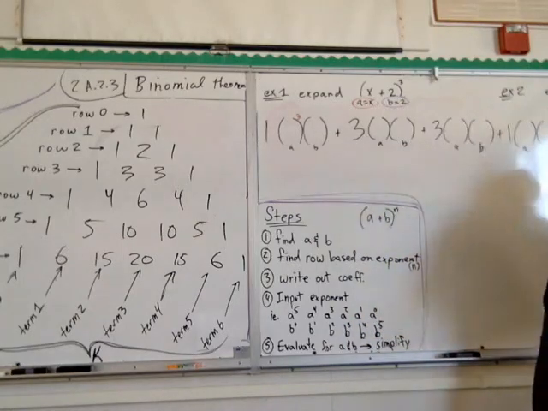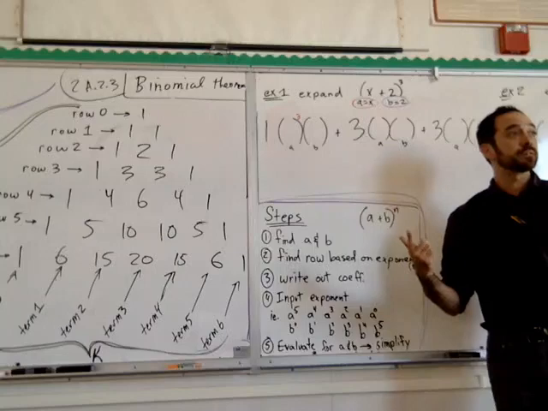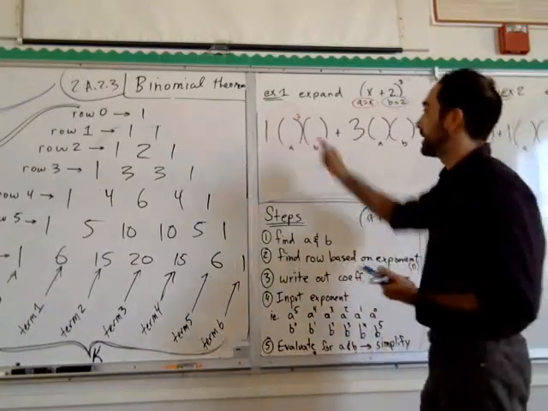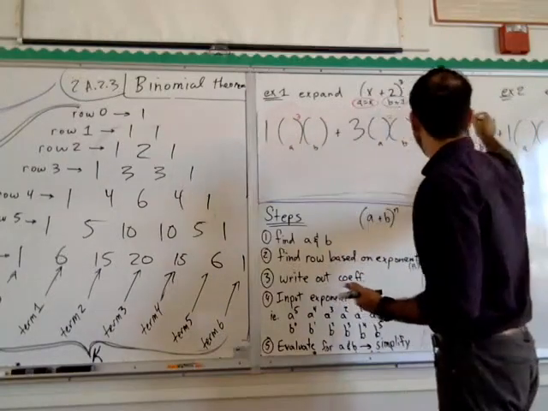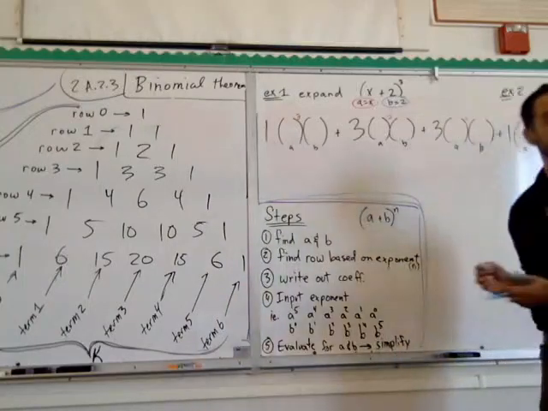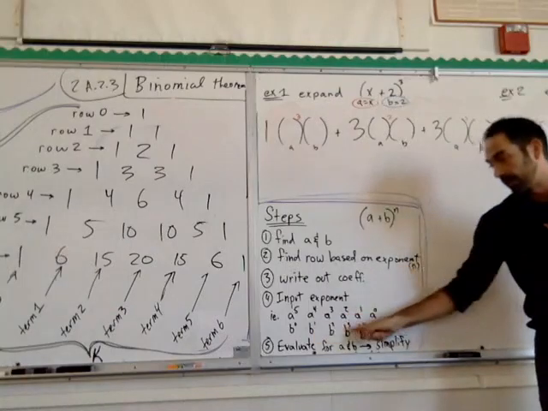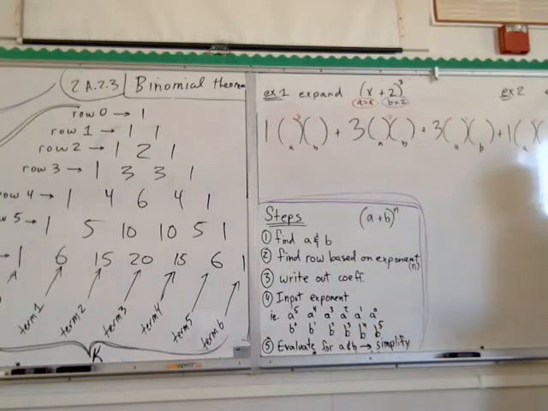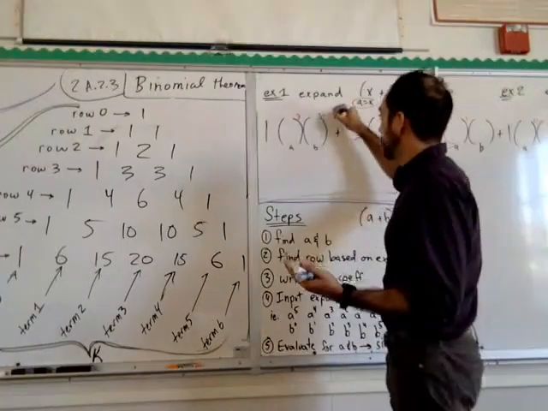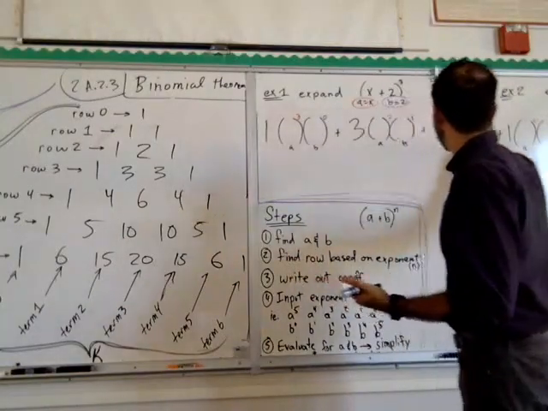It's descending. The A exponents descend. From this, what's going to happen with my B exponents? Ascend. So we start with 0, 1, 2, 3.